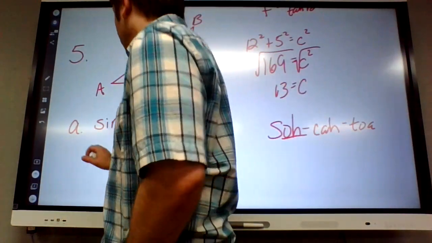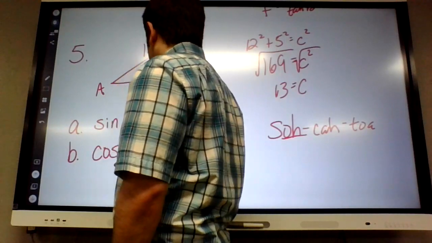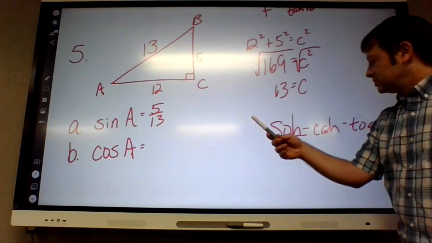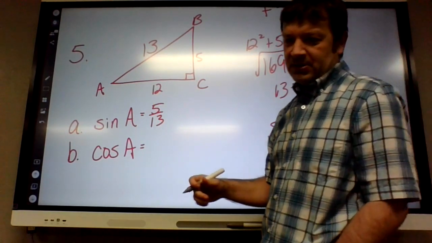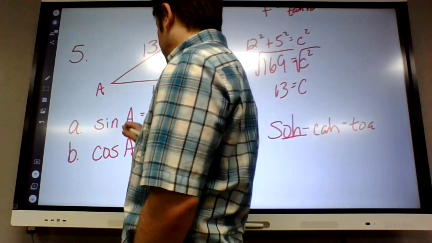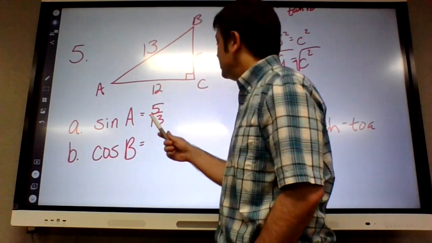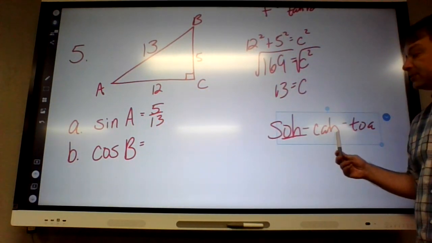Alright, so B is cosine of angle A. So what's cosine supposed to tell us? It's a cosine of B. Oh, it's B. Whoops. Look carefully. They keep jumping back and forth between A and B. Okay, cosine of B is supposed to tell us adjacent over hypotenuse.